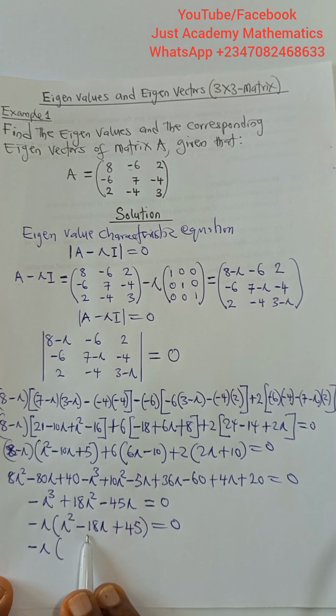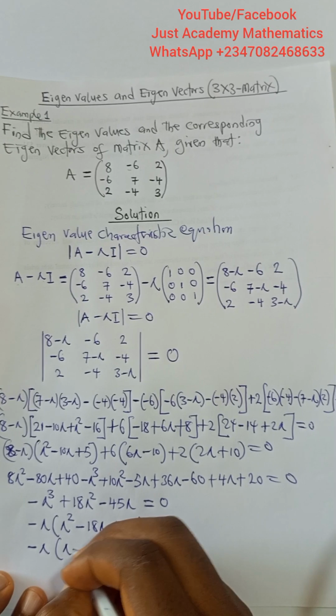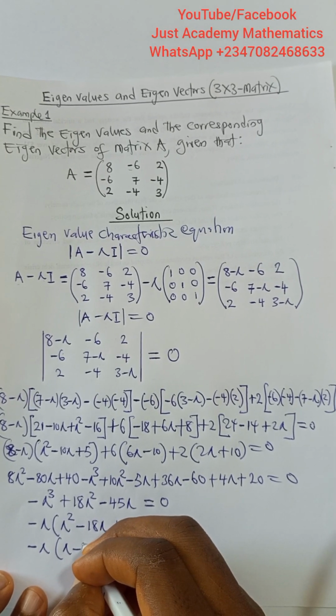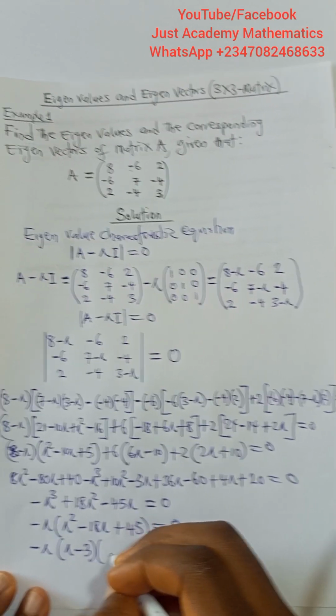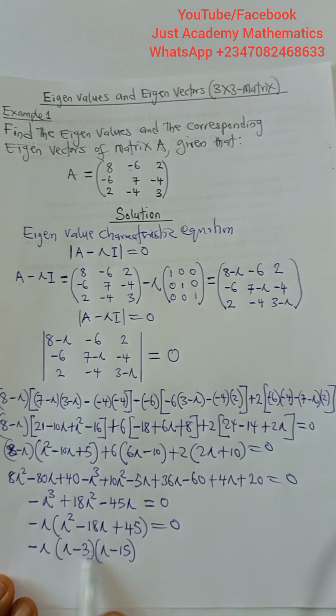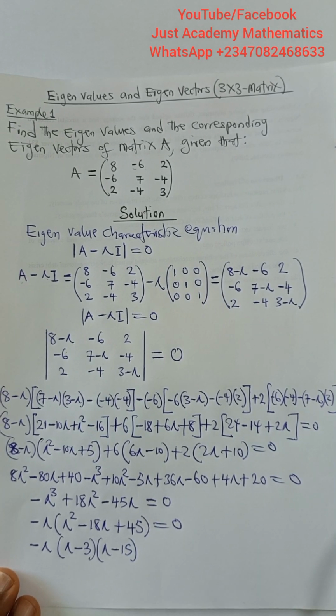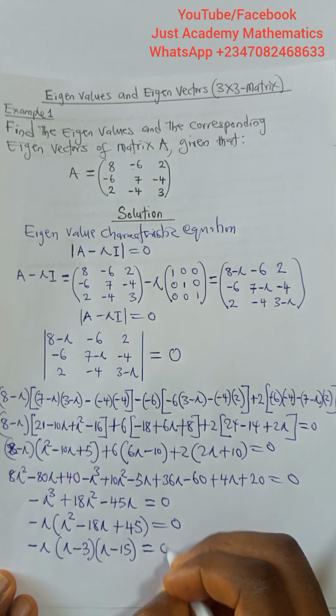And it has to be minus 15 minus 3. So we have lambda minus 3, lambda minus 15. If you expand this bracket, you get this by factorization of quadratic, equals to 0.